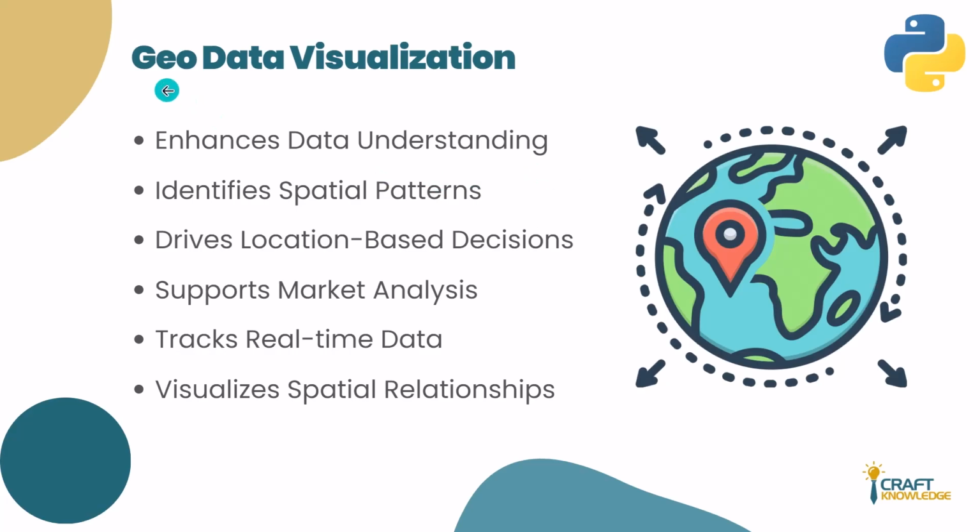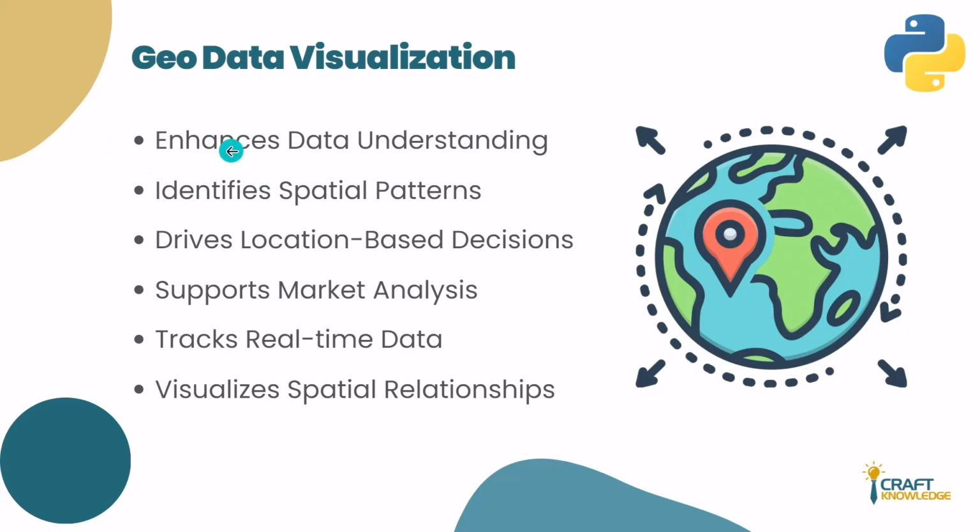So geo again stands for geography. Let's say this is our world map on which we can visualize our countries, our states, our cities. We can visualize our locations. So if we can visualize our location, it would be an amazing idea that we can visualize the location on the map, and alongside with that, on the name of my state, I can also visualize how much sales have been made in this particular state, and so on and so forth, right?